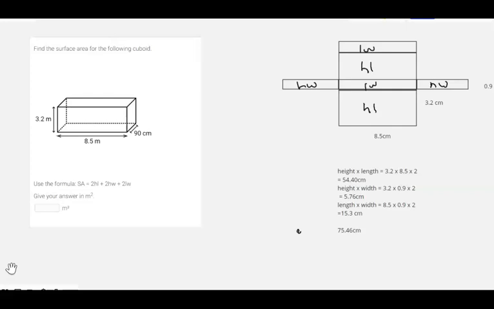What surface area definitely needs is to be really organised and clear in your workings. Also, you need to be pretty au fait with the terminology of height, length and width and how that is important. So surface area is area, so the units are meters squared.